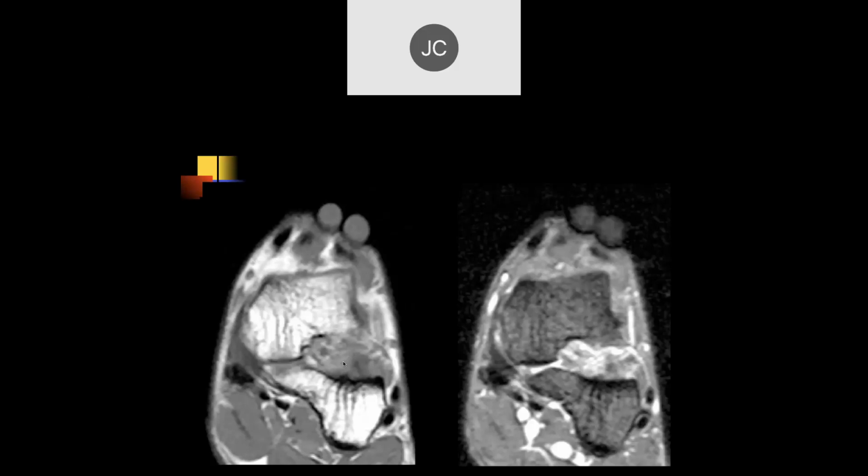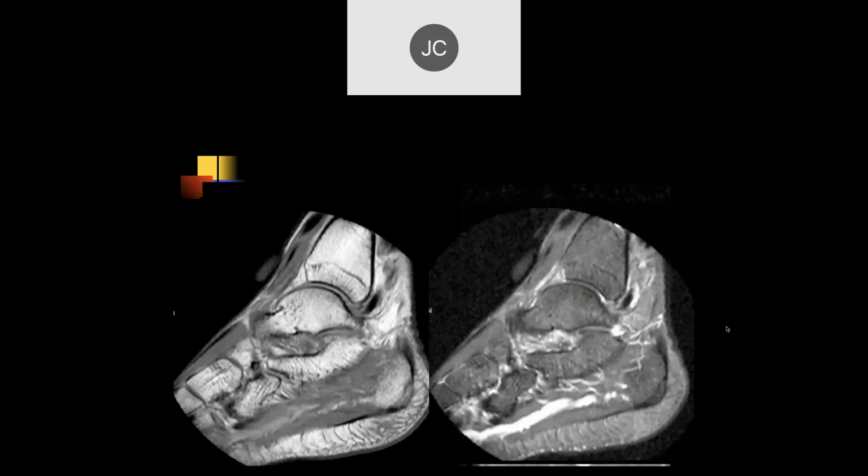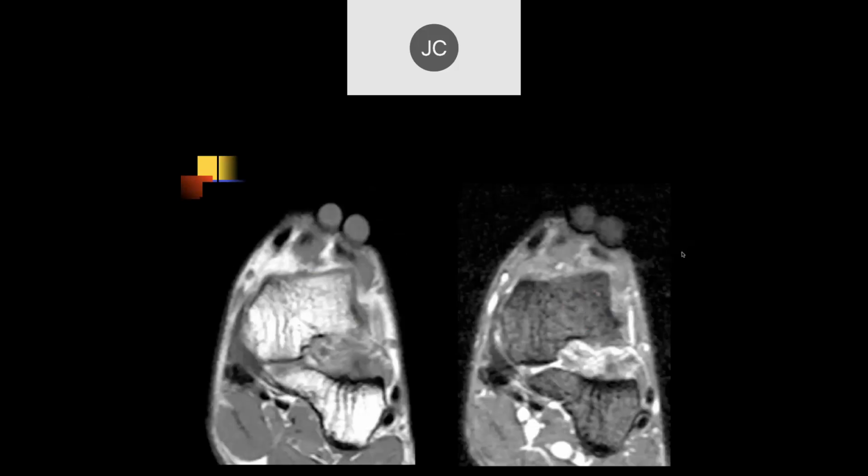Here's the sinus tarsi syndrome case. Here are the markers where the symptoms are. Here is the sagittal image, the symptoms are on the top, on the surface. So we're dorsal here.